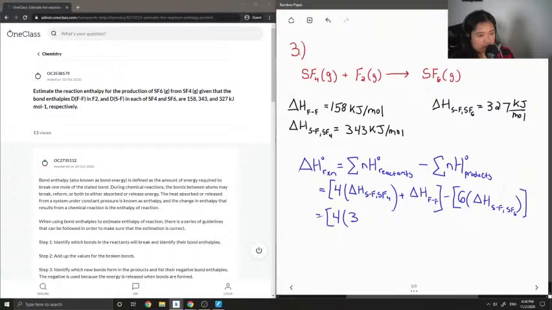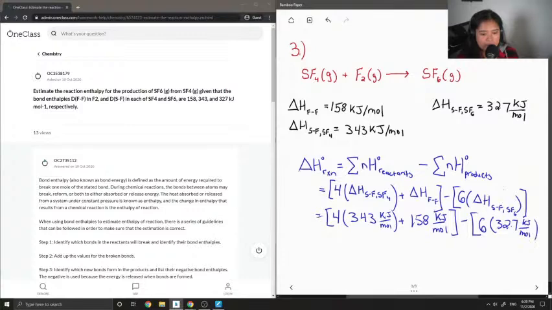So it's going to be 4 times 343 kilojoules per mole plus 158 kilojoules per mole minus 6 times 327 kilojoules per mole.